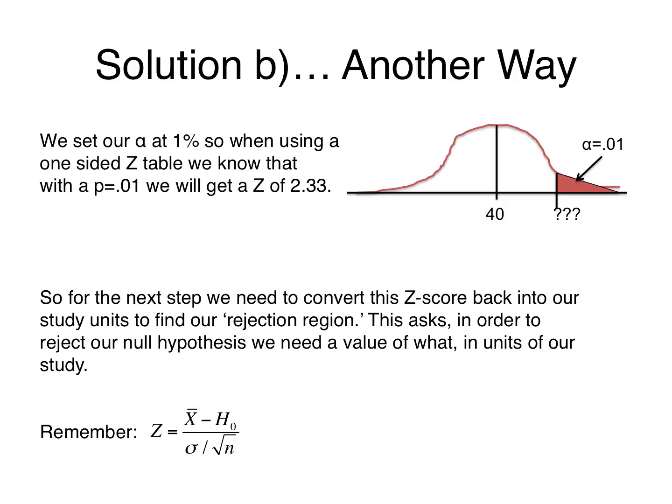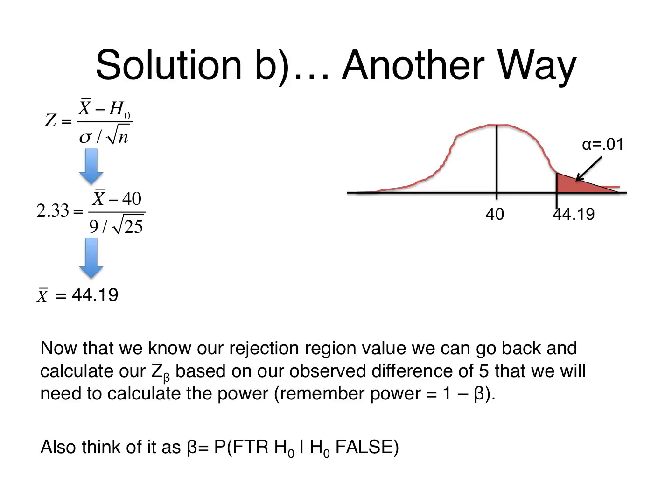So for the next step, we convert this Z score into our study units to get the critical value and find our rejection region. So the rejection region tells us the value we need in units from our study to reject the null hypothesis. So we can simply use our Z score formula to solve for the sample mean that we need to reject the null hypothesis.